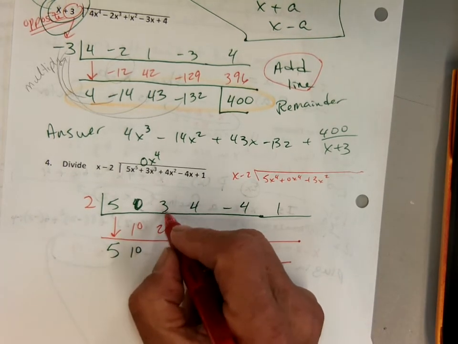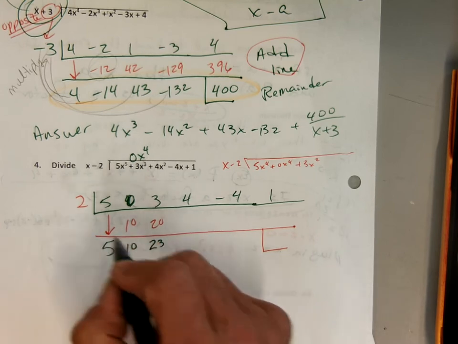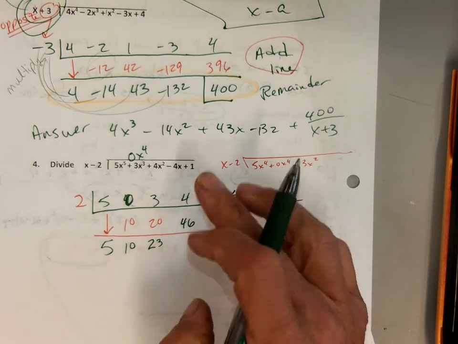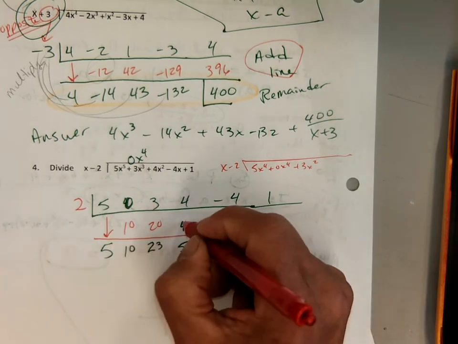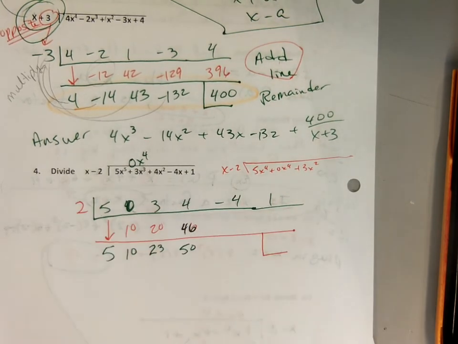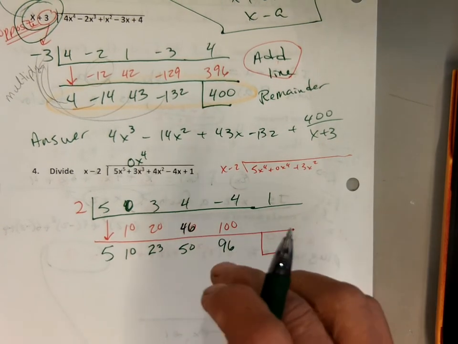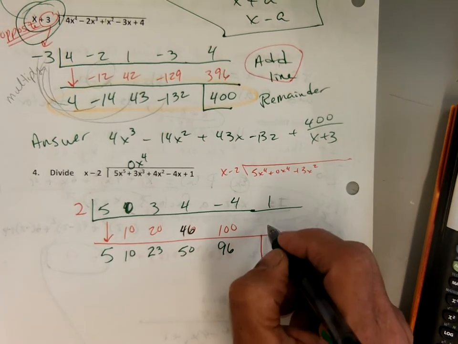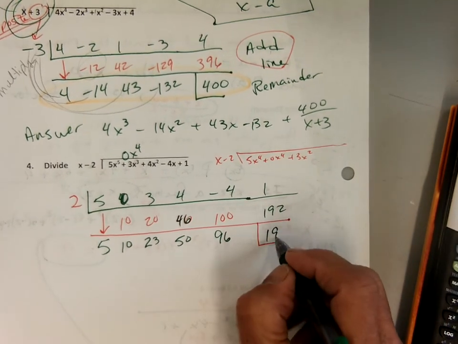Then you add. 3 plus 20 is 23. Then we multiply. 23 times 2 is 46. Then we add. 4 plus 46 is 50. Oh, I understand now. 50 times 2 is 100, right? Negative 4 plus 100 is a positive 96. 96 times 2 is 192. I got 193. Plus, yes, it's 193. That's my remainder.